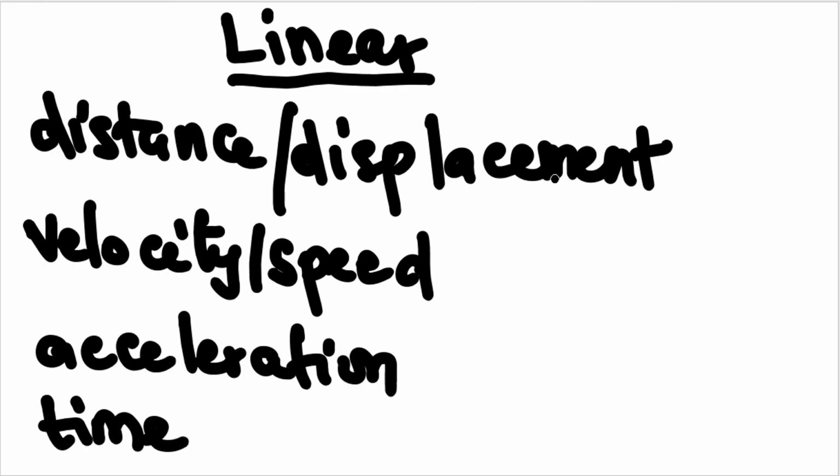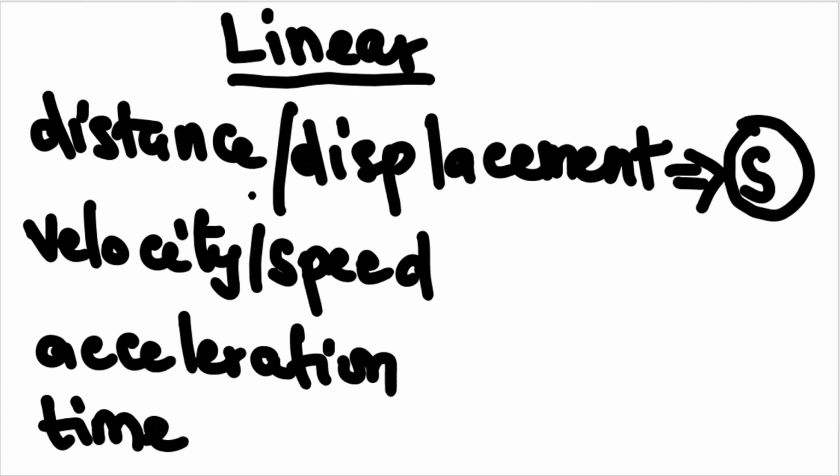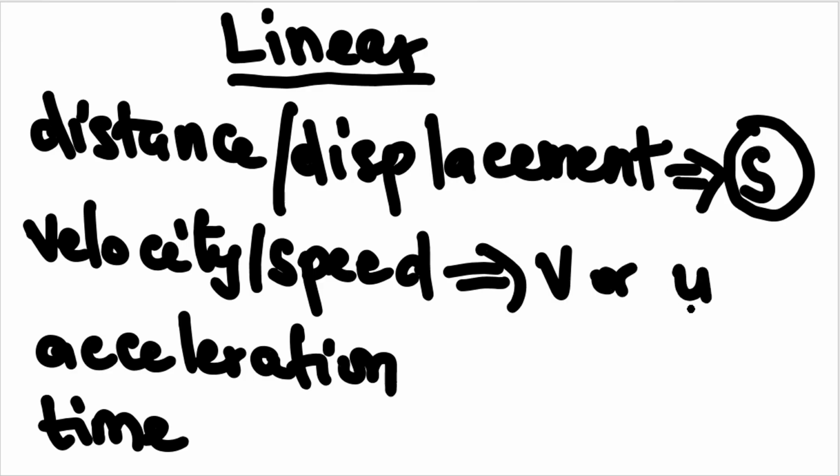For distance or displacement, the symbol we'll be using is S. I know you'll be thinking it will be D, but from the equations of motion, you have to keep in mind that it's going to be S. For velocity, we are going to be using V or U. When we use V, we are referring to final velocity, meaning the velocity at the end of the journey, or at the end of a particular section of the journey.